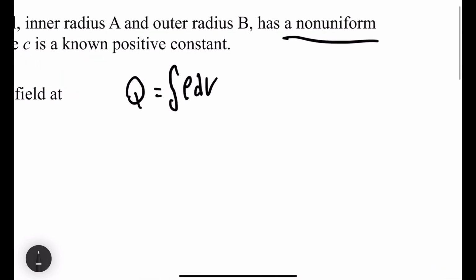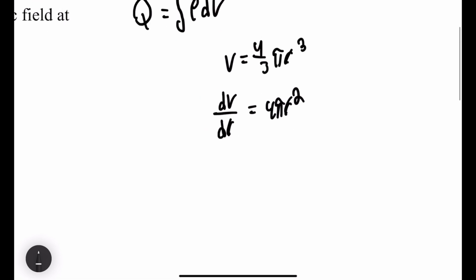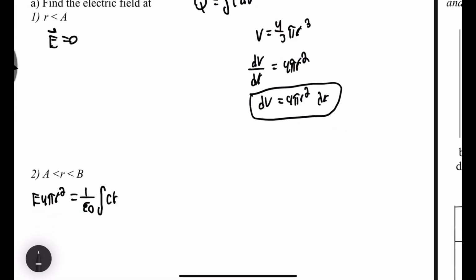The volume of a sphere is 4 over 3 pi r cubed, right? If we take the derivative with respect to r, we get 4 pi r squared from the power rule, and then multiply by dr on both sides, so dV is 4 pi r squared dr. And that's what we're going to plug in here.